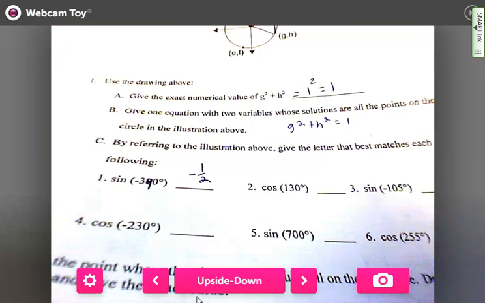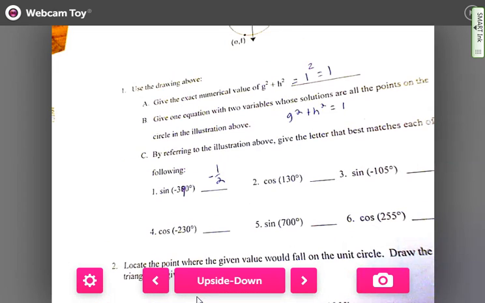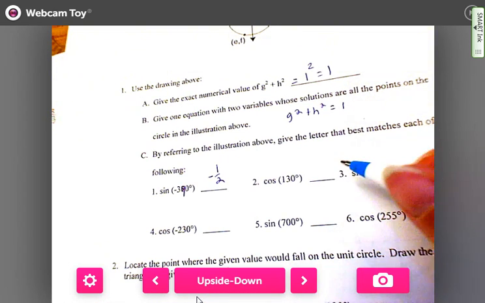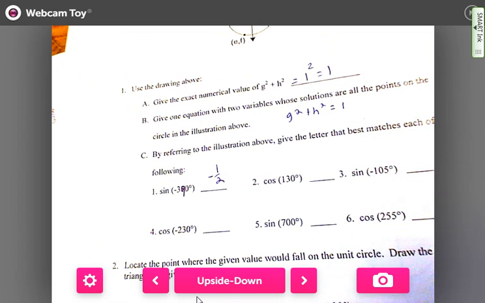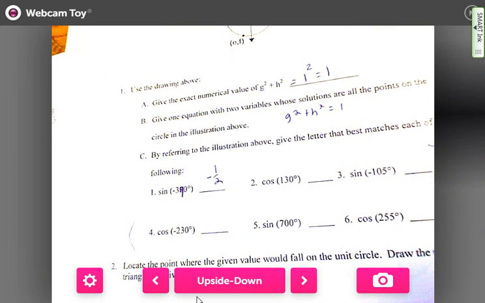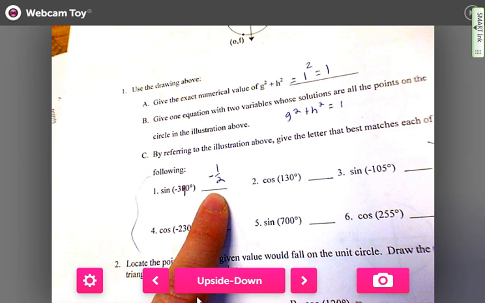If we are looking at our unit circle and we want the cosine of 130, all of these aren't perfect matches on your circle, okay? So we are referring to this illustration above for what the closest thing would be.